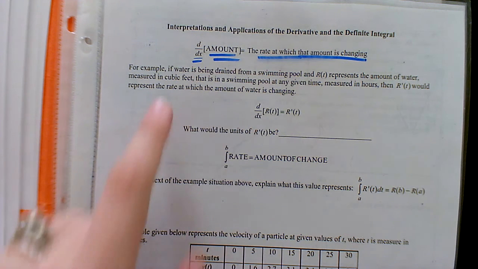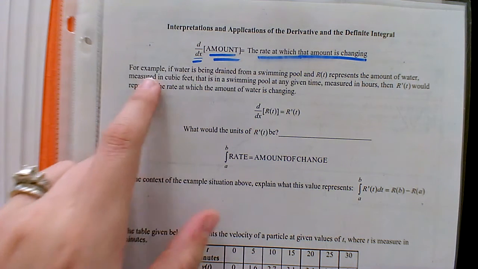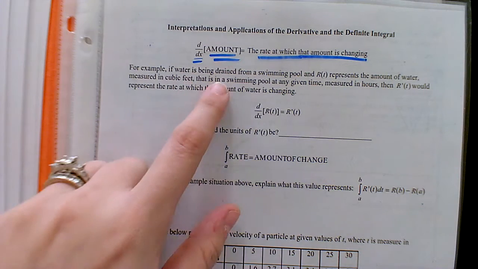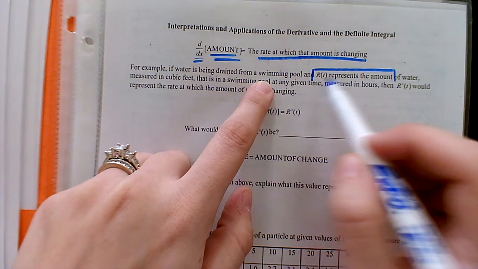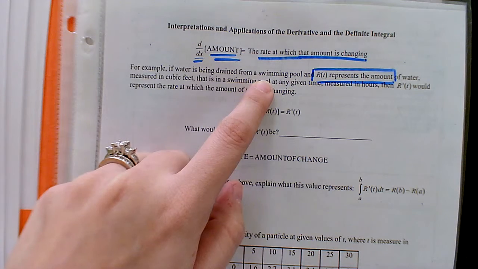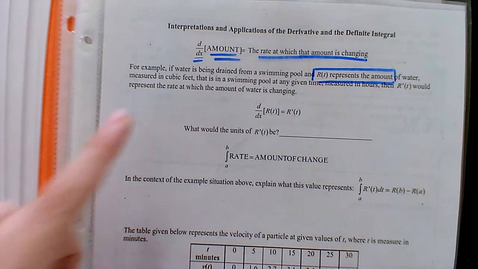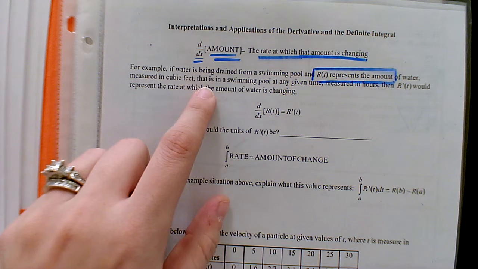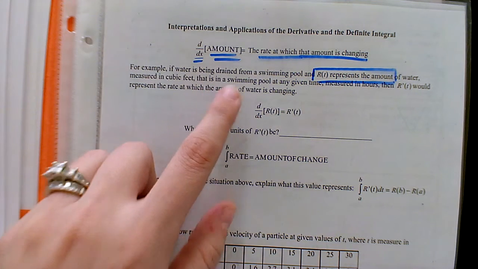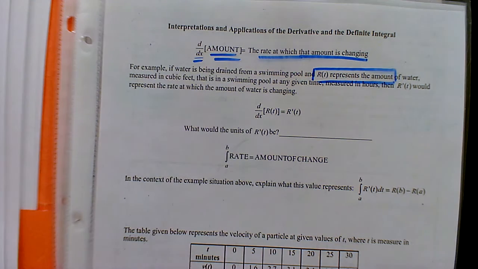So if we have this particular applicable example, water is being drained from a swimming pool, and R of t represents the amount of water measured in cubic feet, so we're talking about a volume, that the swimming pool has at any given time.